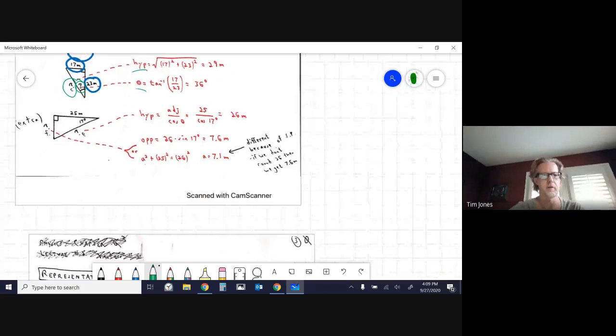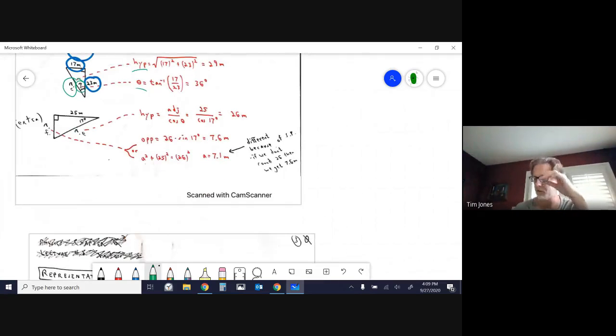If we look down here, this one brings up an interesting situation. When solving for this side right here, which is the opposite side, you can use either the opposite side equation, in which you have to use the prior answer, and you get 7.6, or you can use the Pythagorean theorem, a squared plus b squared equals c squared.